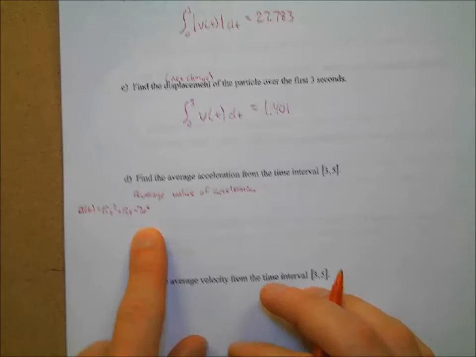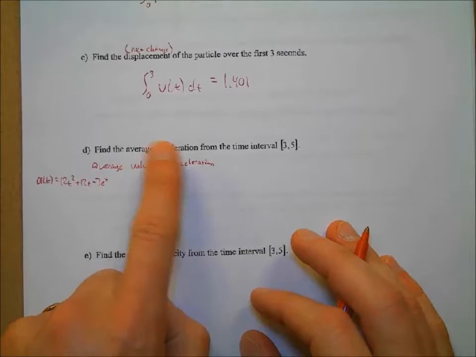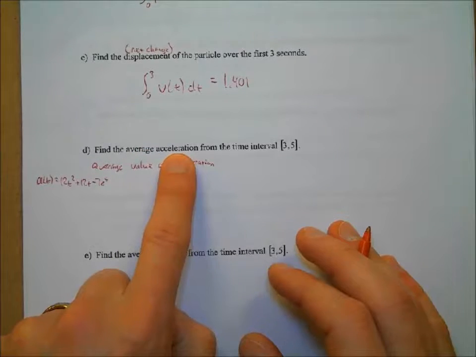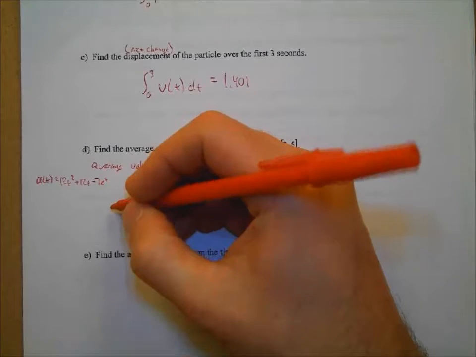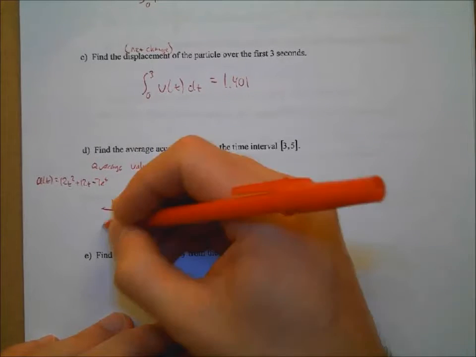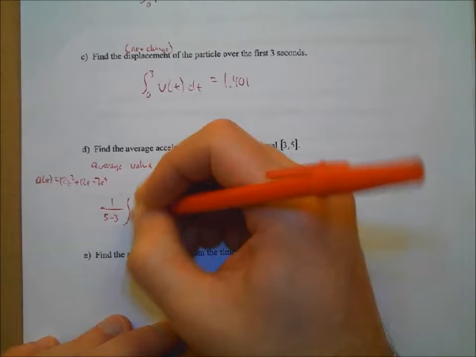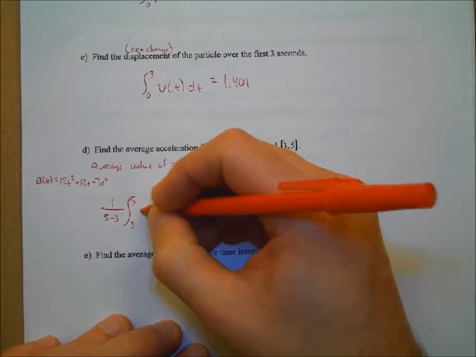Okay, and so if we're trying to find average acceleration, it's not saying average rate of change, it's saying average acceleration. So we could use average value of the acceleration, which will be, as Lander said, 1 over b minus a, 5 minus 3, integral from 3 to 5 of a of t, dt.